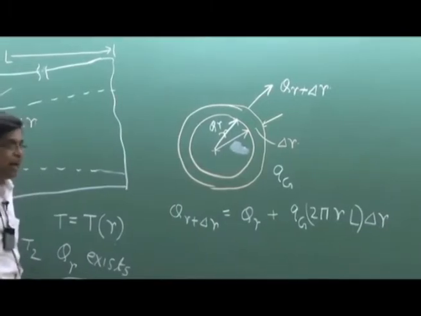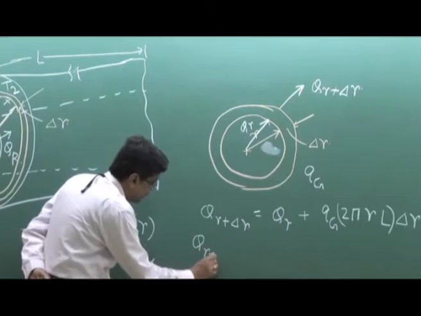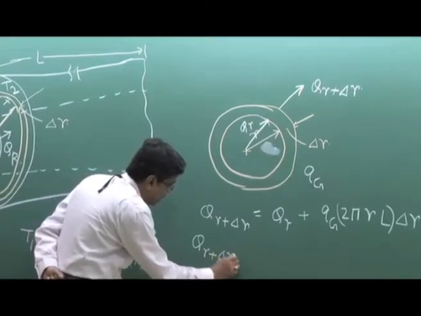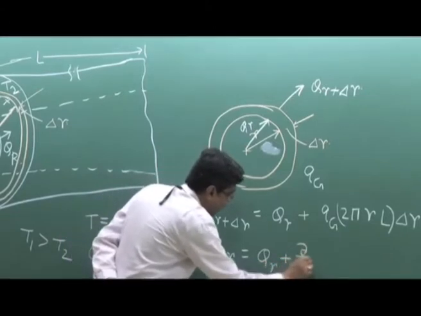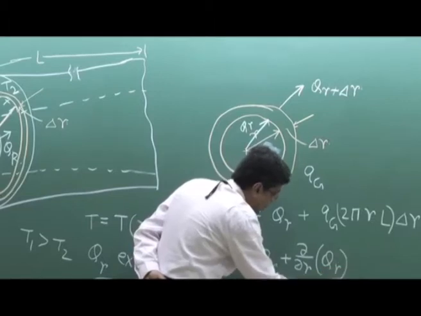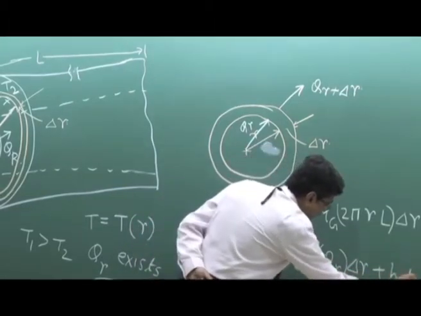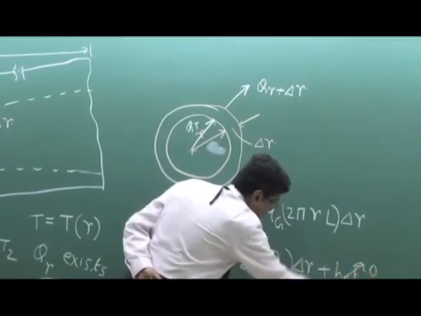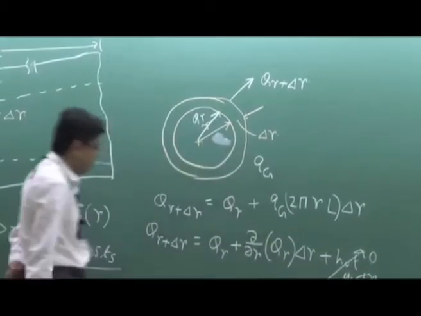This is okay. Now, if you write by Taylor series expansion, QR plus delta R is QR plus del del R of QR times delta r, plus higher order terms in delta r, which we neglect because delta r is very small.